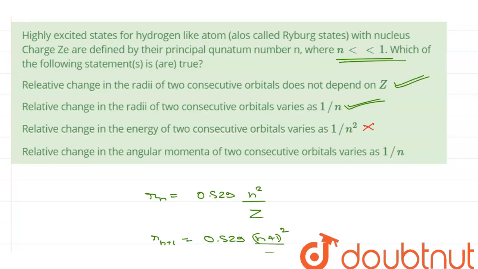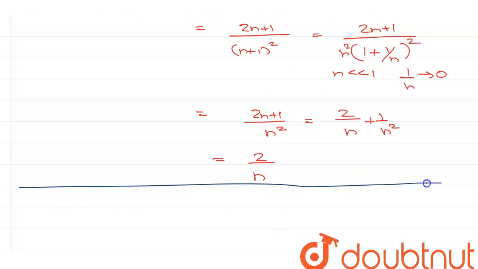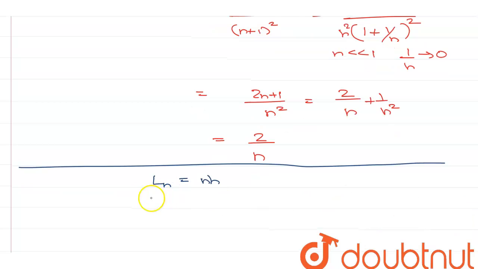Now the final statement says that relative change in angular momenta of two consecutive orbitals varies as 1 by n. The angular momentum for the nth orbital is given by nh, which means for n plus 1 it will be (n plus 1) h.